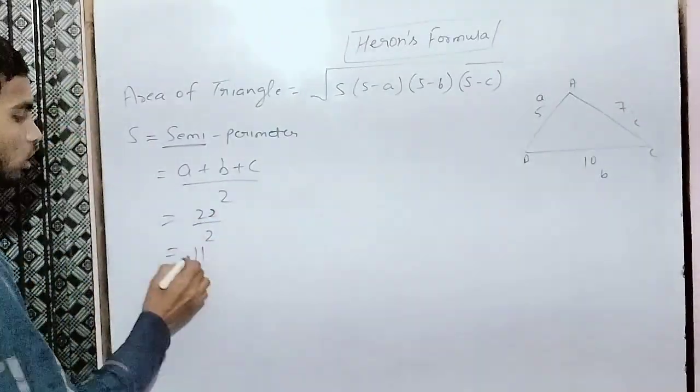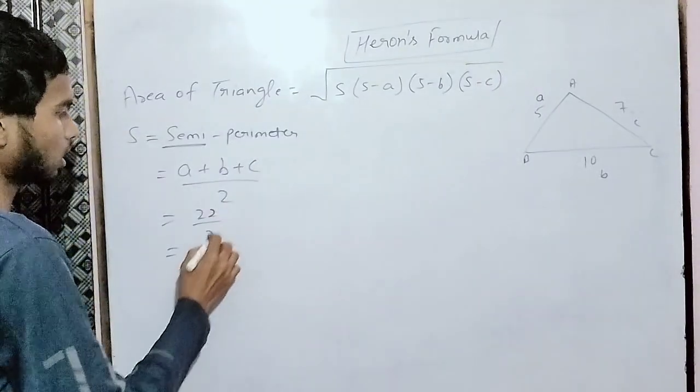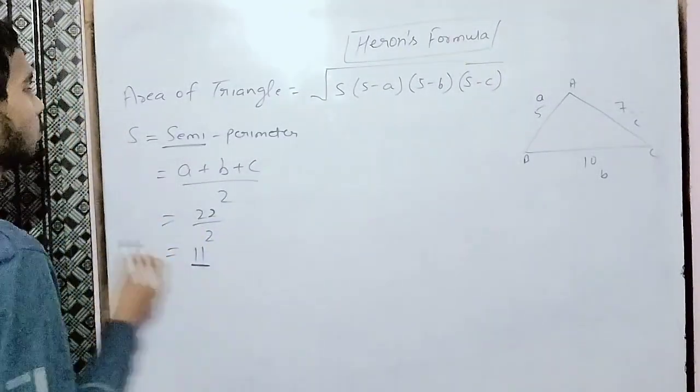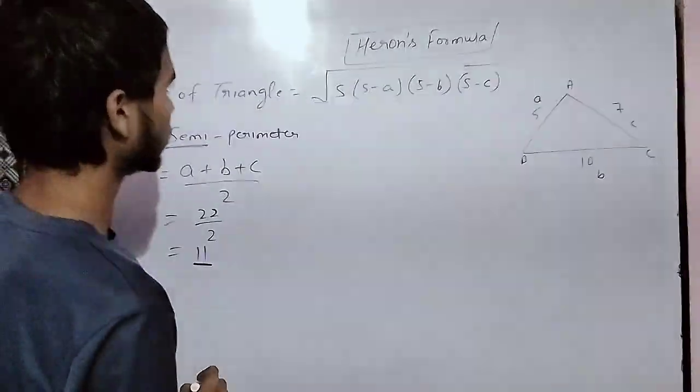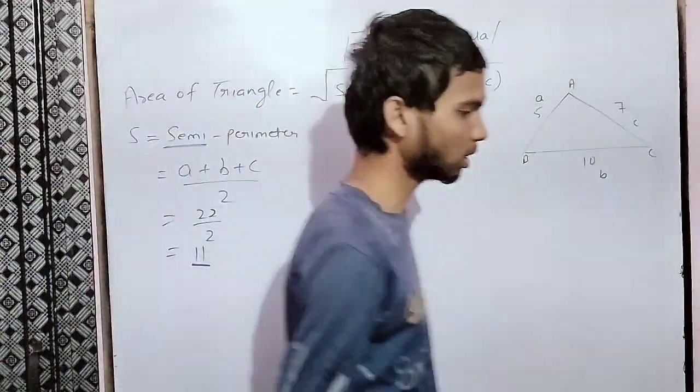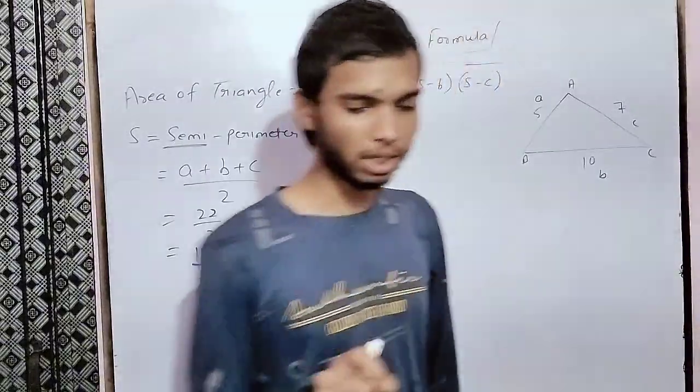This 11 is not the perimeter. The total perimeter is 22, but this is the semi perimeter. This is how you will find the semi perimeter of a triangle.